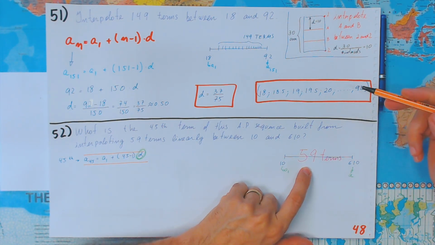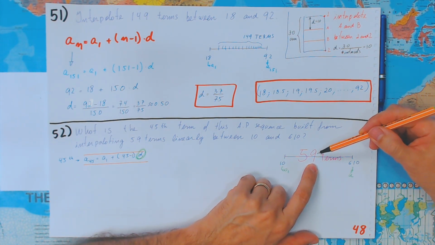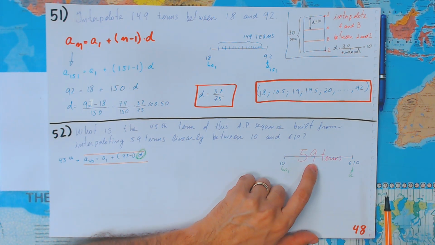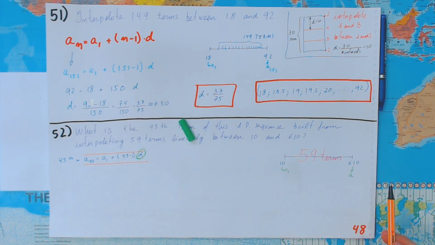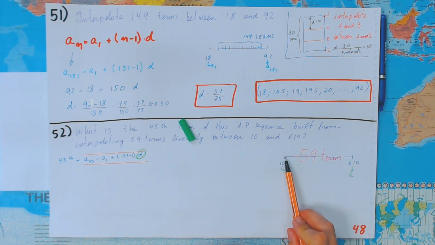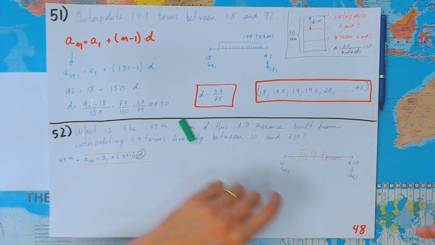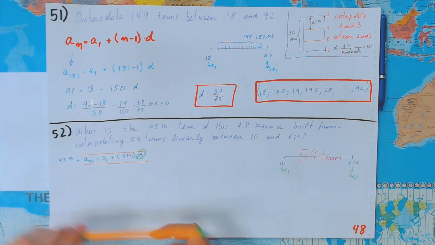It's from the theory, right? When we interpolate n terms, we are going to have n plus 1 intervals. So we're going to have 60 intervals. But what we need in here is how many terms? 59, 60, 61. This is going to be a61. Okay? Now it's good.